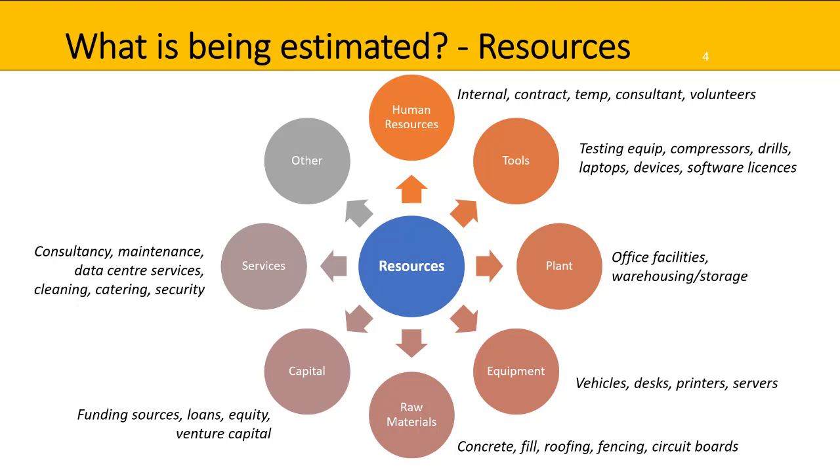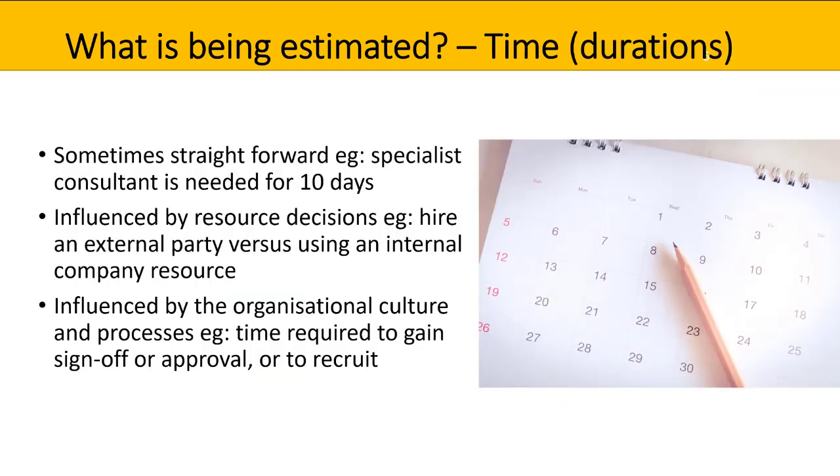So consultancy, maintenance, data center services, maybe cleaning, catering, or even security. And then other resources. So think about the day-to-day of your project, and maybe you'll need paper, printers, books, insurance, maybe some training, or what other sorts of consumables. So consider all those different things, because the first step is to estimate those resources that you're going to need.